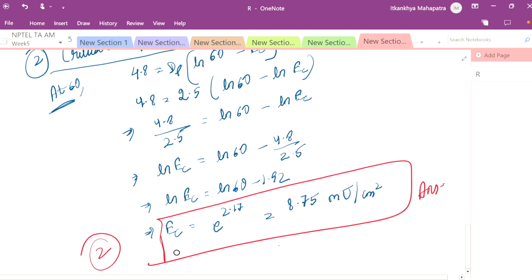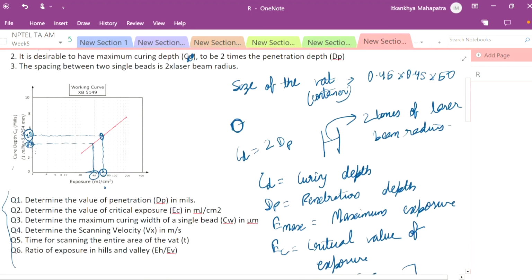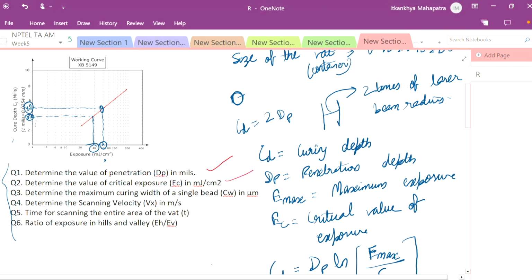Okay, so now we covered this and found out this. Now we have to find out the maximum curing width of a single bead in micrometer. So how do we find this? Maximum curing width of a single bead in micrometer.